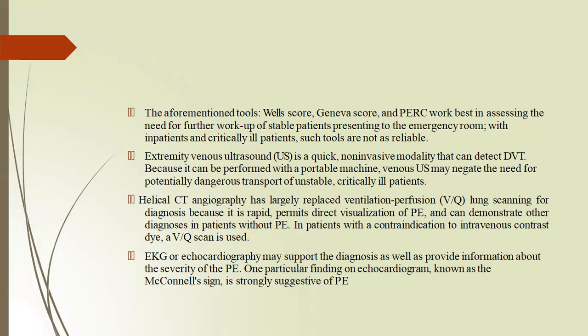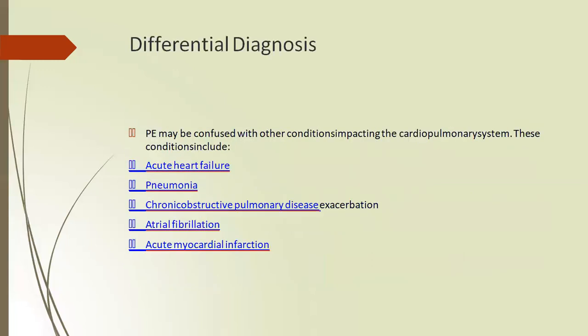EKG or echocardiography may support the diagnosis as well as provide information about the severity of the PE. One particular finding on echocardiogram, known as the McConnell sign, is strongly suggestive of PE.